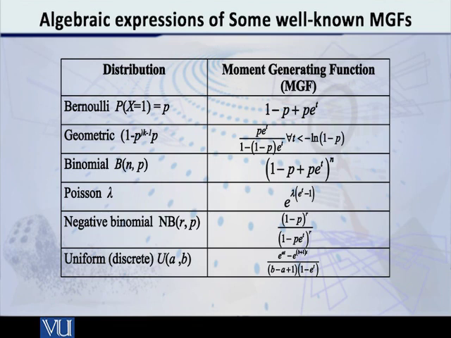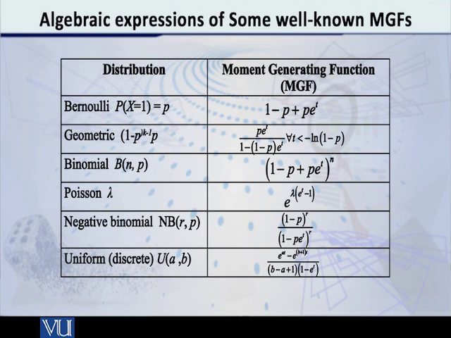Students, इसी तरह we can look at the expression of the MGF of the Poisson distribution. The Poisson distribution, as you know, is also a very, very important and well-known distribution. और इसका जो MGF है, that is given by e raised to lambda into e raised to t minus 1.